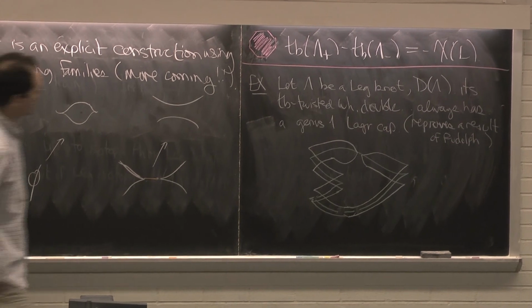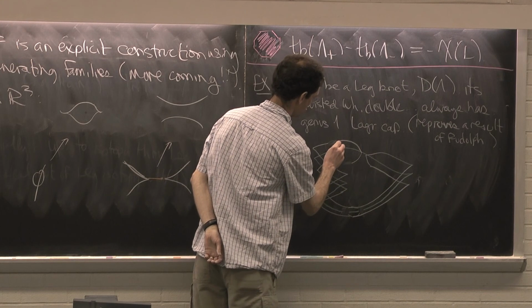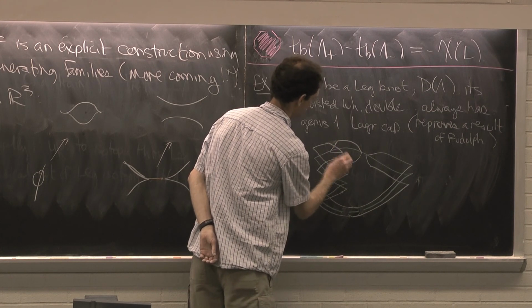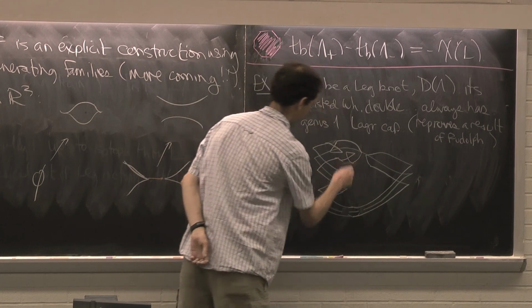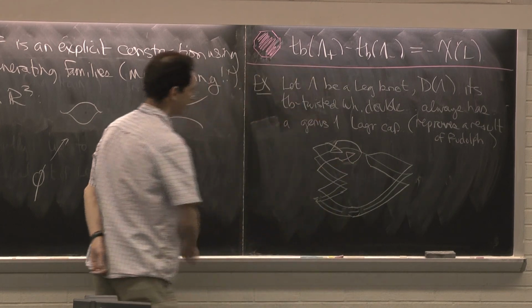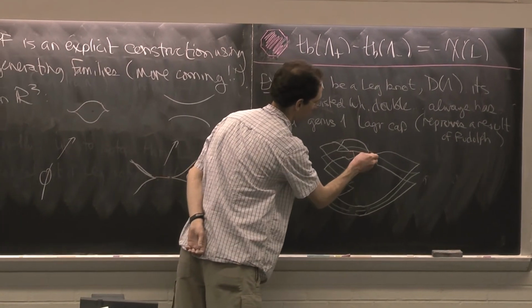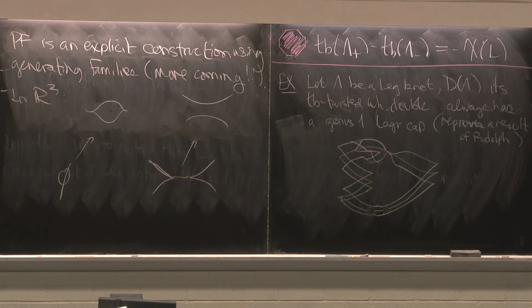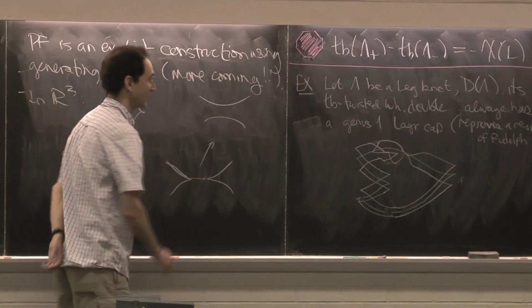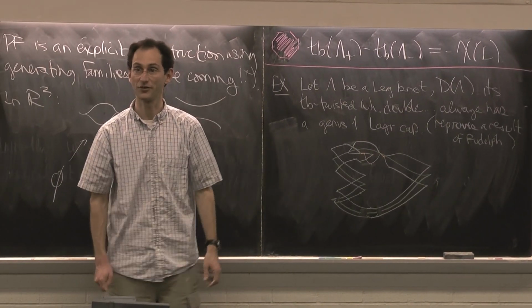Let me do a couple of Reidemeister 1 moves, here and here. And then I can just finish the job by doing a surgery along that disc and along that disc, and that will give me the TB twisted Whitehead double. And that picture is a proof that these knots are not sliced.